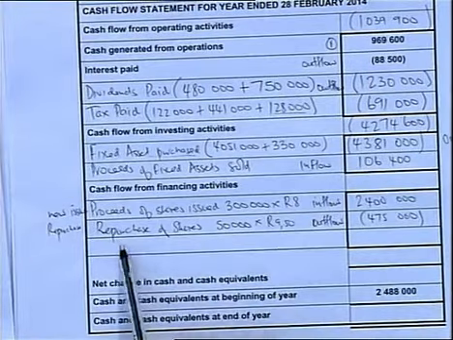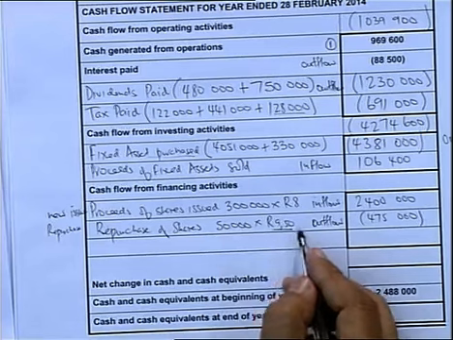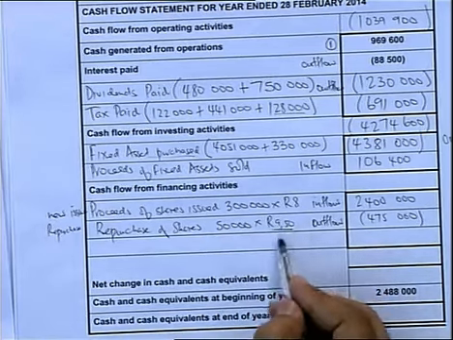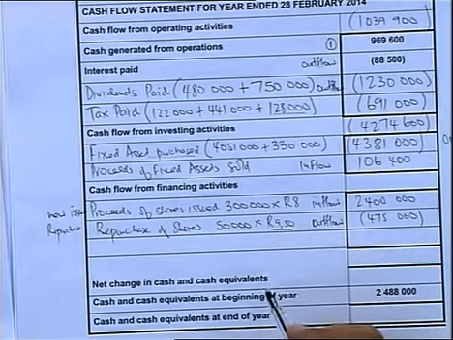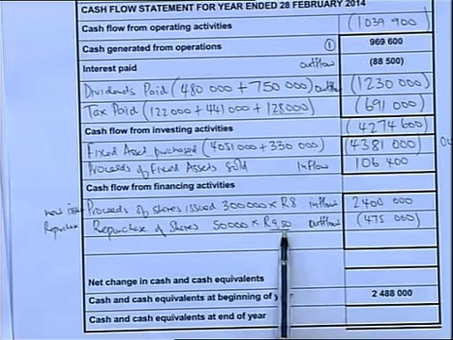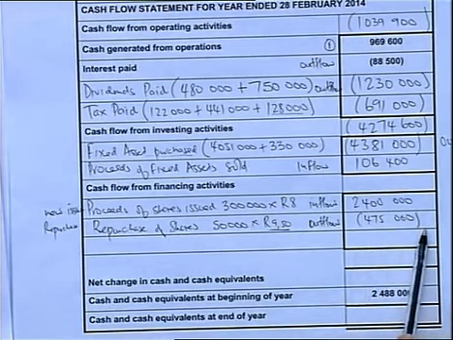Right, in the repurchase, you need to take the whole amount and you do not split the buyback price between the average and the amount more than the average, because we want to know how much we paid for the shares altogether. That's why it's going to be 50,000 times 9 Rand 50, which gives me the 475,000. It's an outflow, and I need to indicate that by putting that figure in brackets.